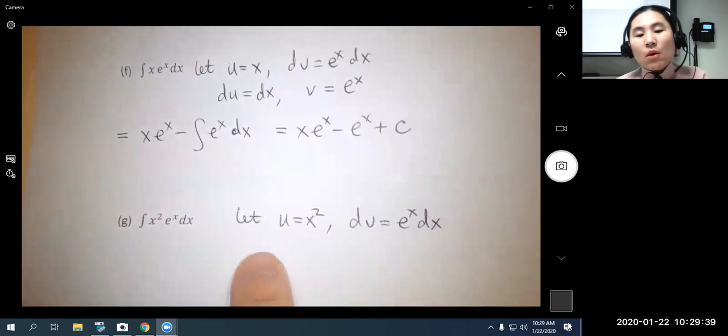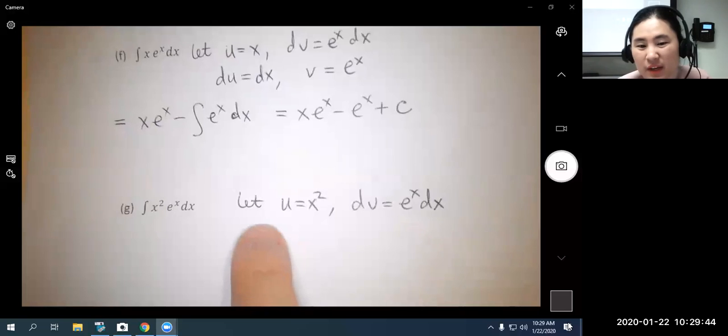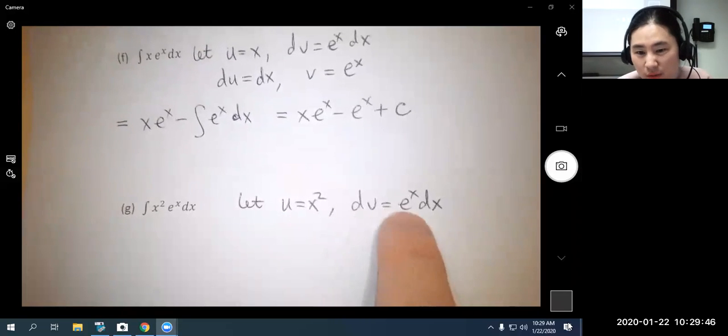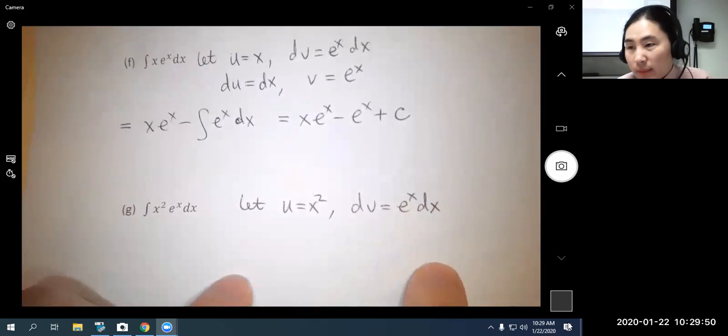This question I will leave for you to try in your group. Just differentiate to get du, integrate e to the x, you still get e to the x, and then use integration by parts to do the problem.